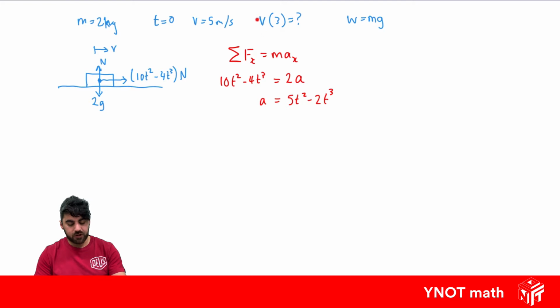Remember, we're after the velocity when time is equal to 3, so we need an expression for the velocity. We're going to write a as dv/dt, and this equals 5t squared minus 2t cubed.